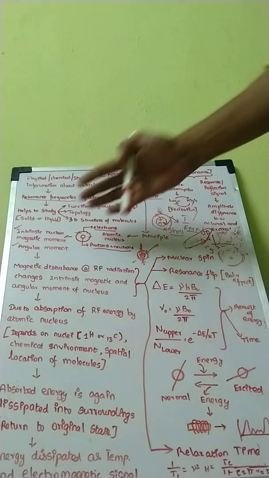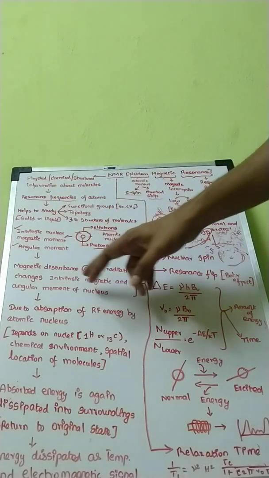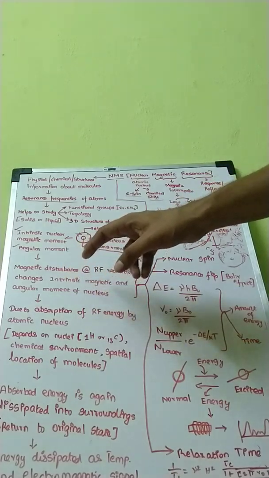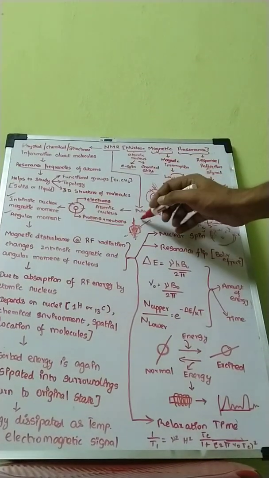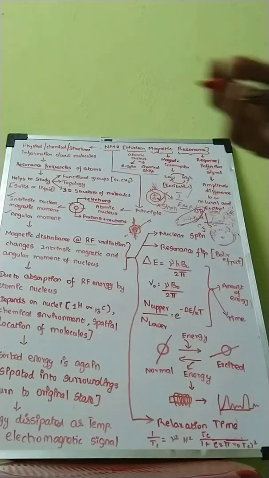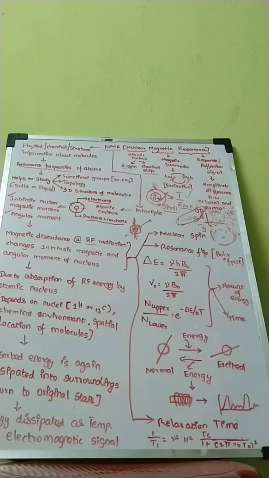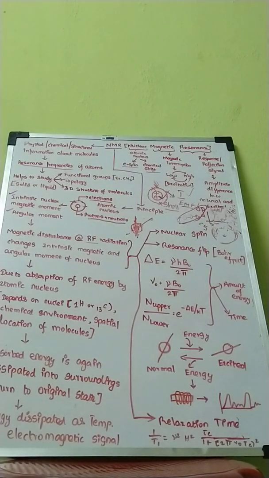Okay, so what exactly happens in NMR? You are creating a magnetic disturbance on this nucleus at a particular radiation frequency or resonance frequency radiation. Okay, so you are giving a magnetic pulse. You know very well what a magnetic pulse is. Just remember, if you are taking a magnet near your skin, you will feel some sort of attraction between your skin surface and the magnet.